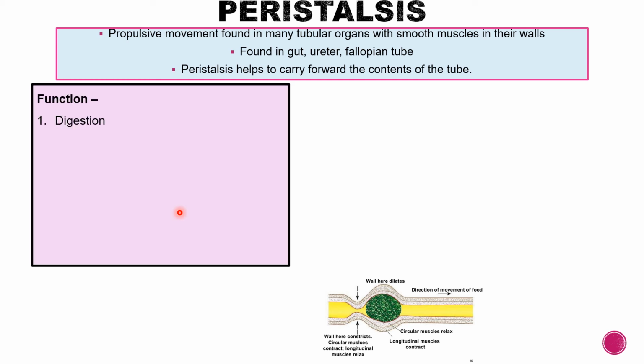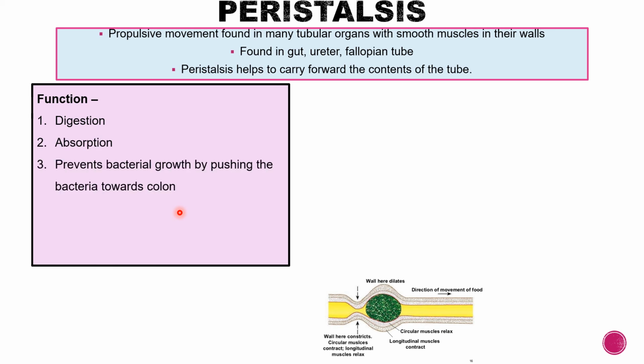Now, let's go on to the function. What is the function of this peristalsis? It helps in digestion. It helps in absorption. It prevents bacterial growth by pushing the bacteria towards the colon. We have already discussed this. It prevents distension of the GIT by expulsion of intestinal gases, produced by various processes which take place in the intestine, including the action of the bacterial microflora.